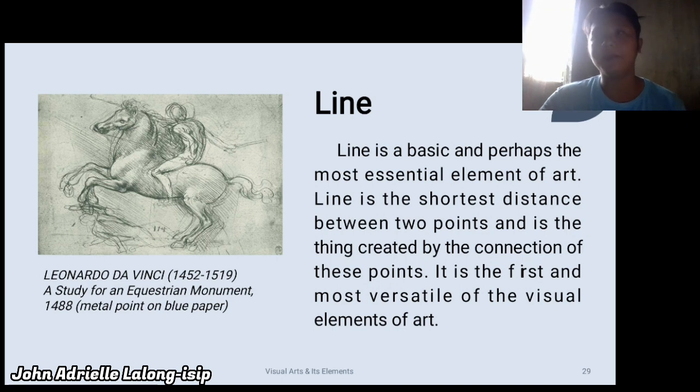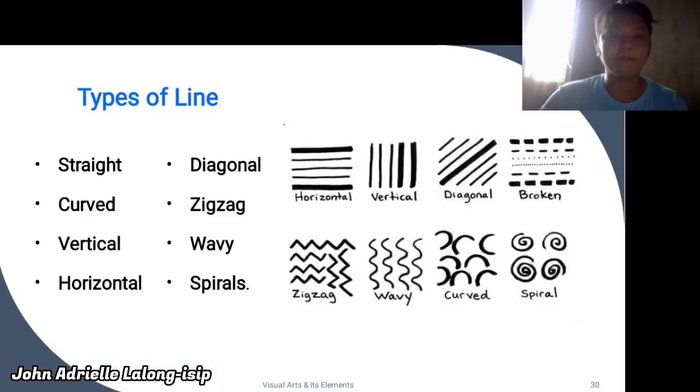Yun na lang po yung pinaka-ultimate na explanation doon. Kahit ano pong gawin nating arts, whether it is sculpture, sketch, or painting, hindi po mag-exist. Art wouldn't have a form without any lines. Yan po yan.